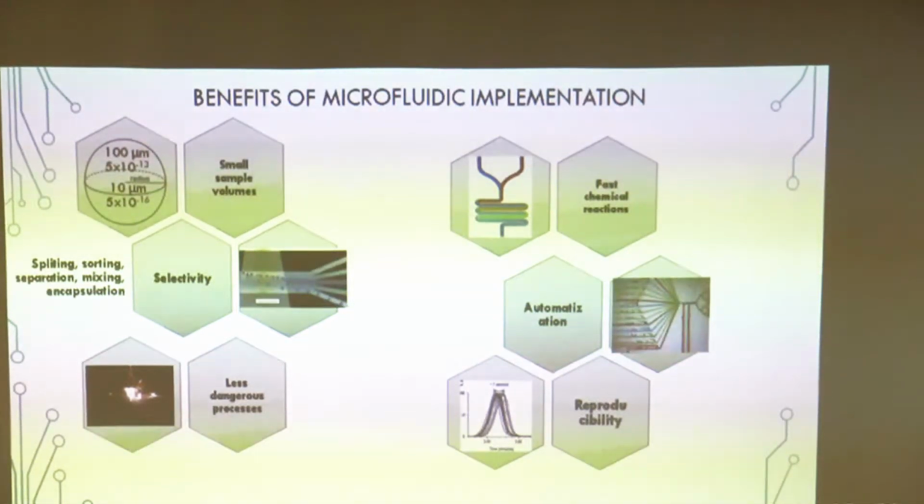You can perform a chemical reaction that maybe is dangerous in a big volume, more safely. And we can perform automatization of these reactions. And of course, because all of this is automatic, the results are more similar to other results.